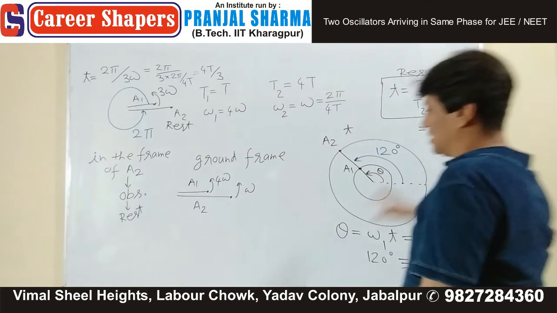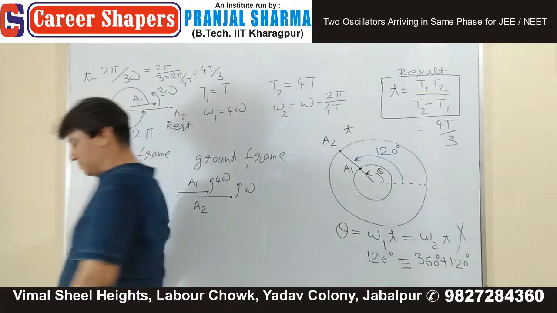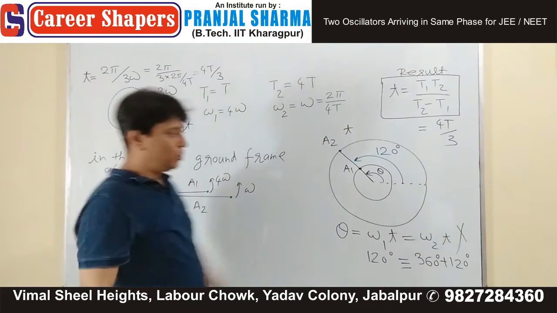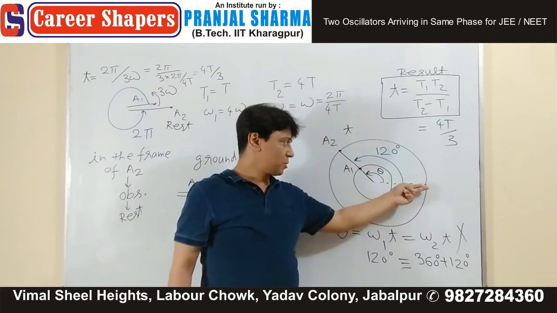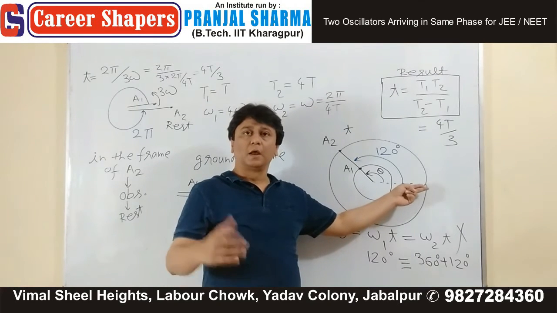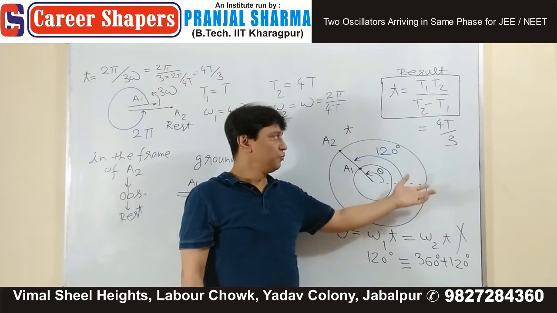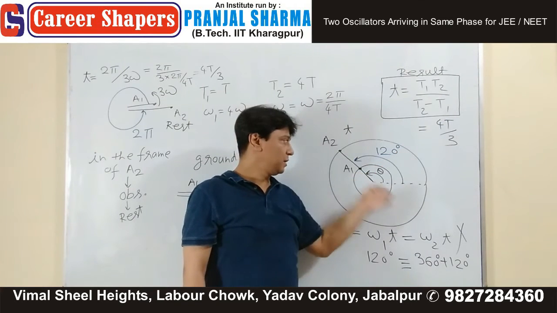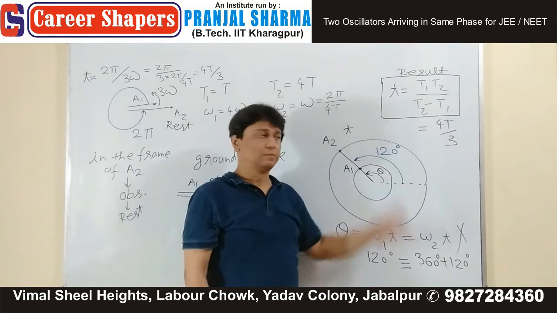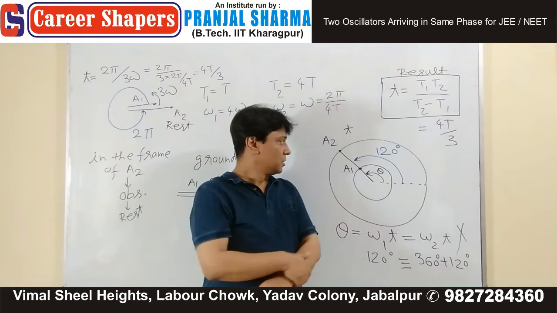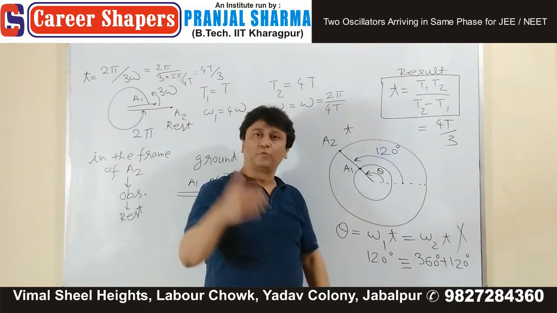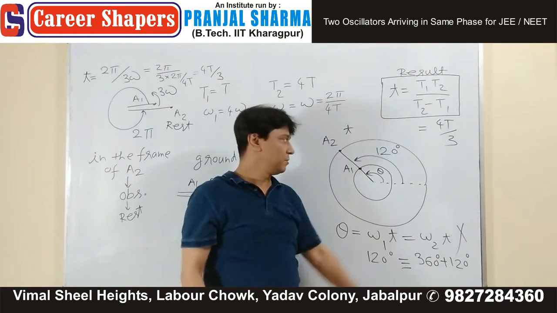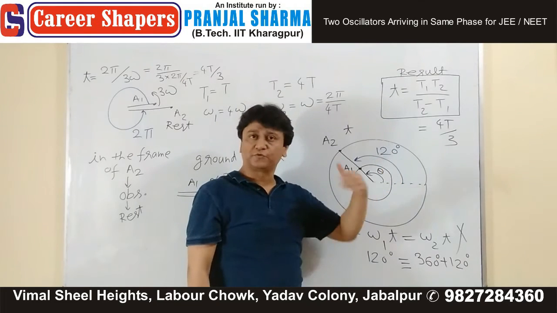For the same question, answer the second part. Both rods start over here, and then you found that after 4t by 3, they are somewhere here. Before you answer the second part, we have taken the angle 120, just for your understanding.